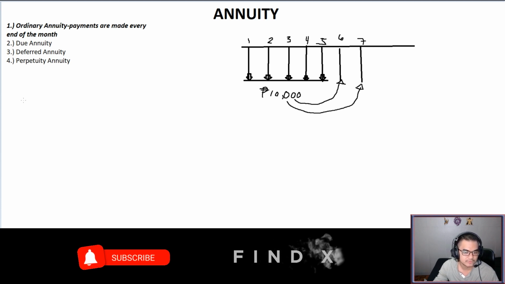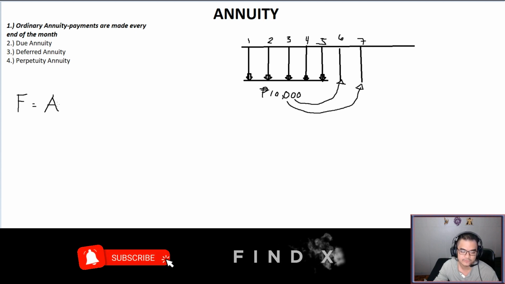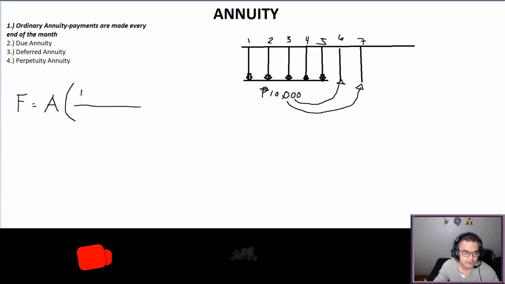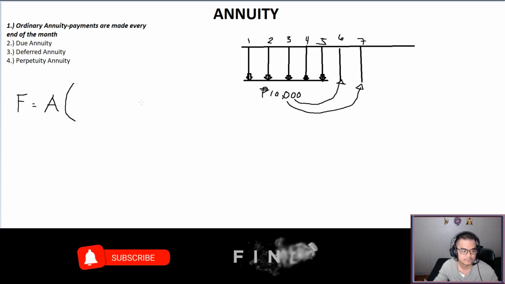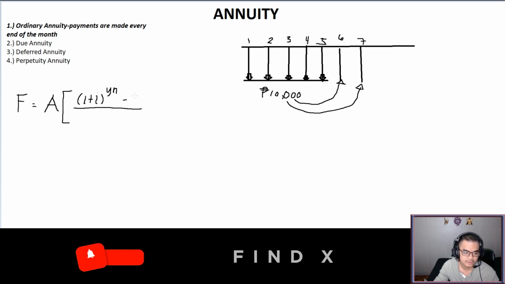For the future worth, we have A, the amount of the annuity, times the bracket (1 plus i) raised to n, minus 1, all over i.